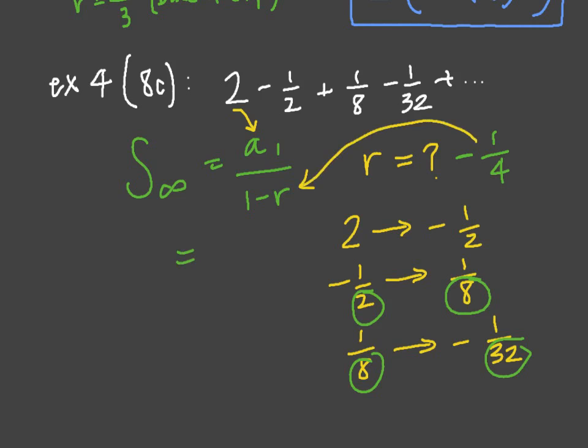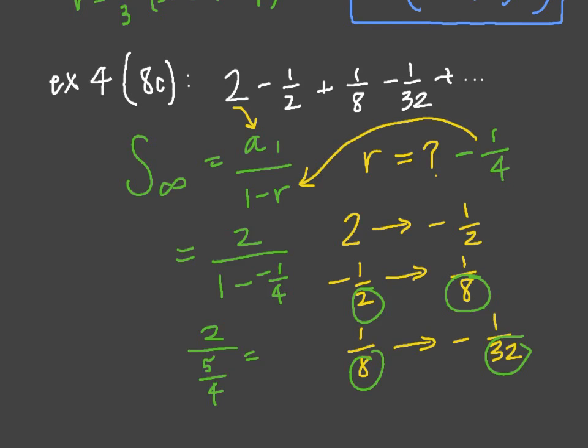So a sub 1 is 2 over 1 minus r, which is negative 1/4. That would be 2 over, keep in mind that this double negative here, 1 minus negative 1/4 would be 1 plus 1/4, which is 5/4, because that's 4/4 plus 1/4. And then multiply by the reciprocal, so 2 times 4 over 5.